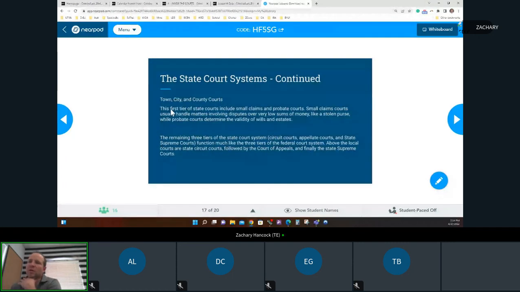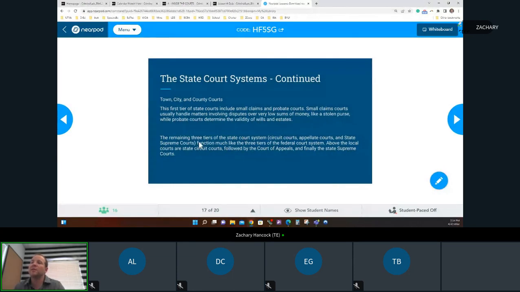Okay, state court systems usually have town, city, and county courts. The first tier of the court system includes small claims and probate courts. Small claims courts usually handle matters involving disputes over very low sums of money, like stolen purses, while probate courts determine the validity of wills and estates.